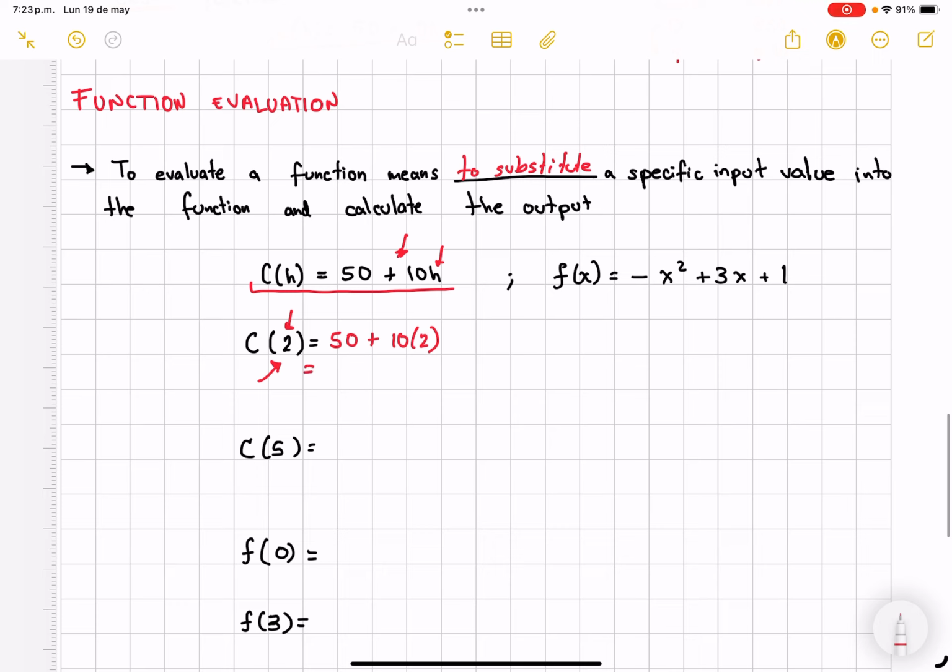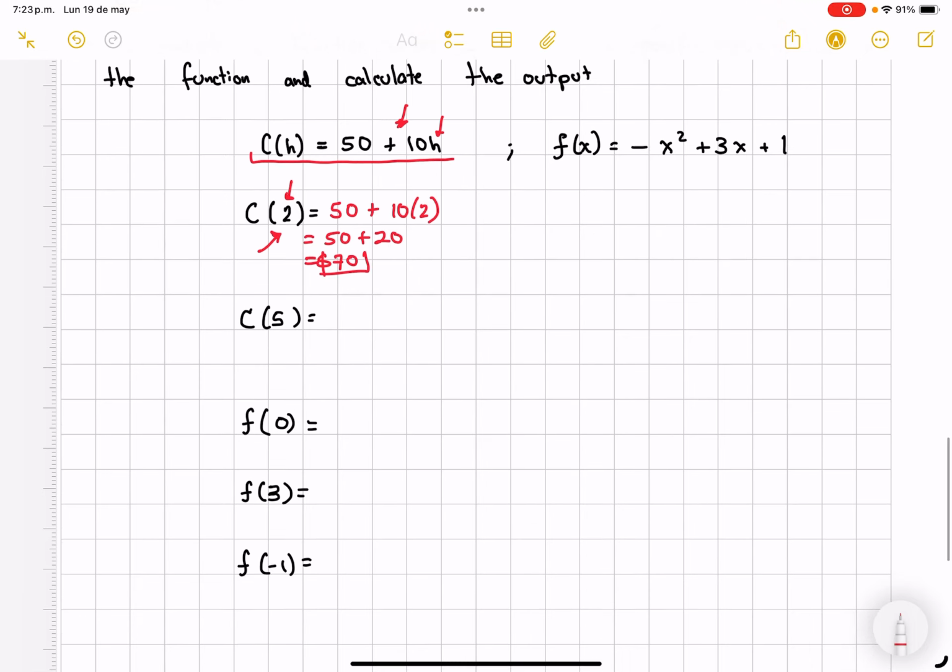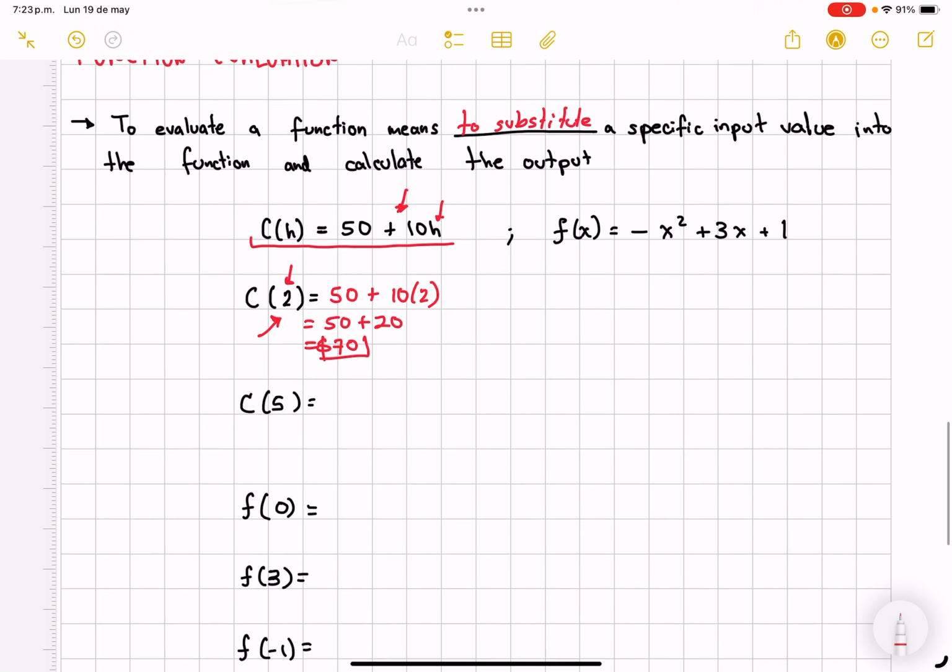We multiply 10 times 2, it's 20. 20 plus 50 equals $70. Okay, when the hour is 5, what is going to be the cost? 50 plus 10 times the hours that are 5. So 10 times 5 is 50. 50 plus 50 equals 100.